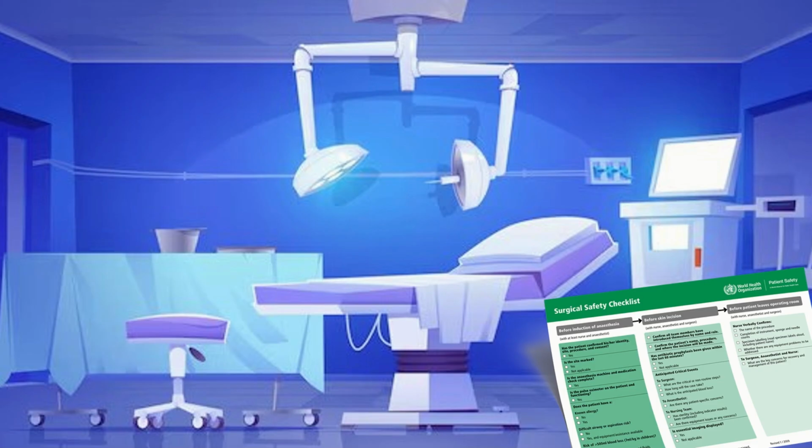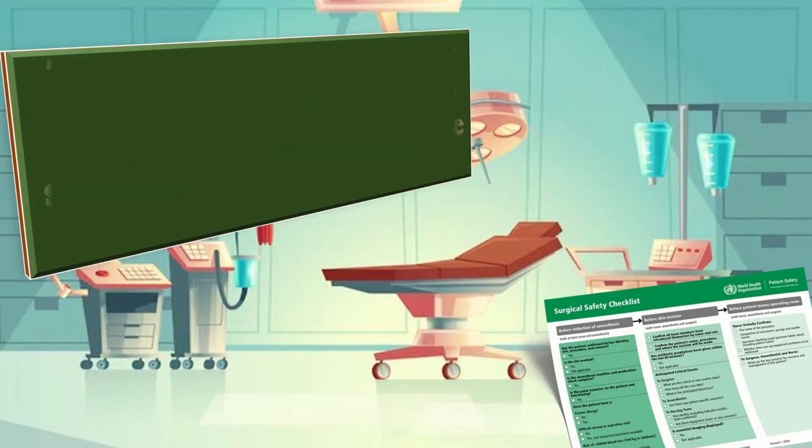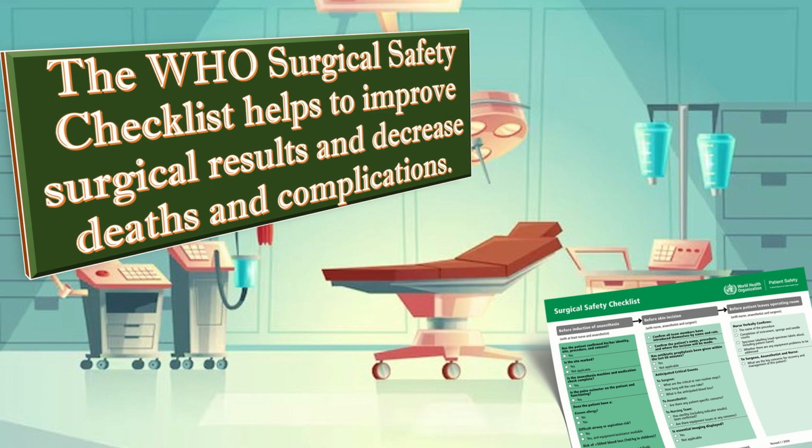Every operating room team can improve the safety and efficacy of care delivered to the surgical patients. The WHO Surgical Safety Checklist helps to improve surgical results and decrease deaths and complications.